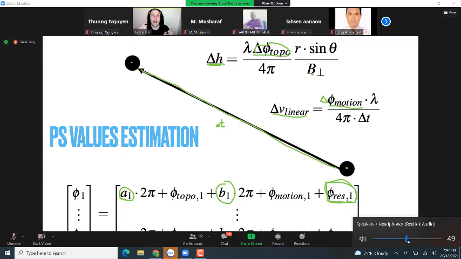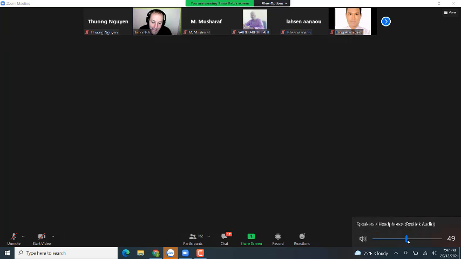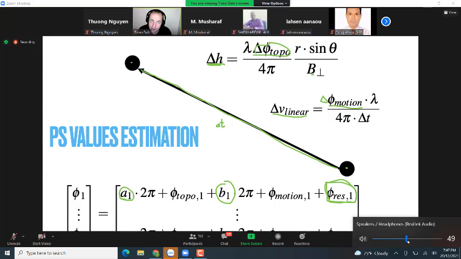So if our two points are very close together, and typically we say less than 2 kilometers or less than 1 kilometer, then the atmospheric phase difference from one point to the other, the phase residual, is much less than 2 pi, much less than 1 pi even.